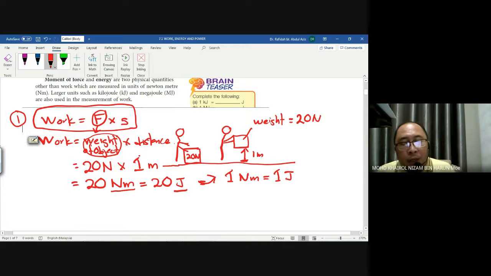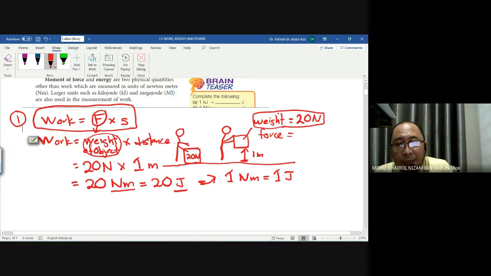Why? Because any object that moves will be considered as the force in this definition. Because this object is moving, and the moving of this object is with its own weight, so its weight will represent force.